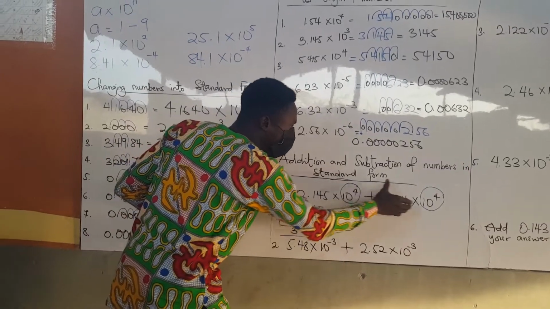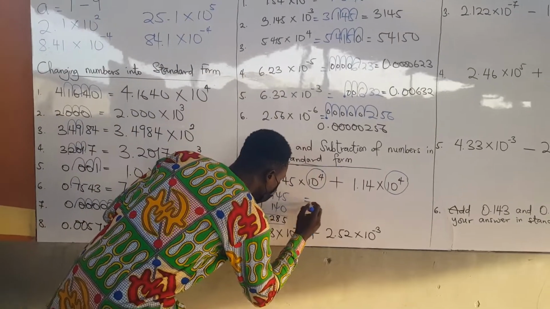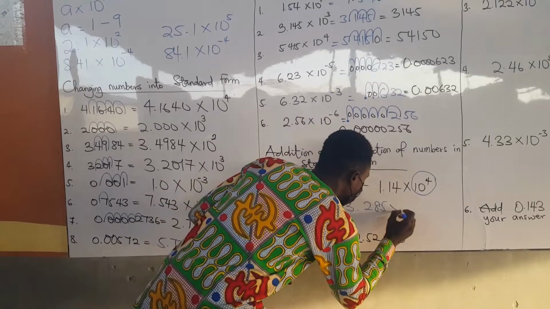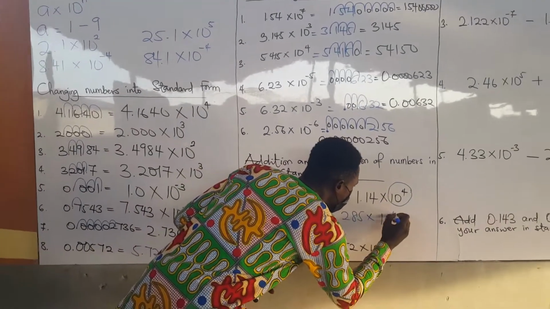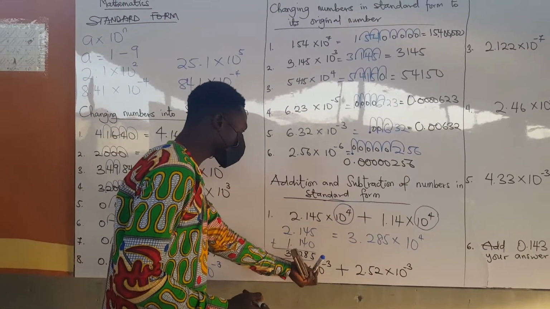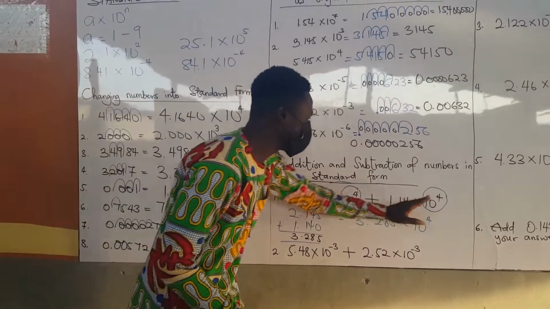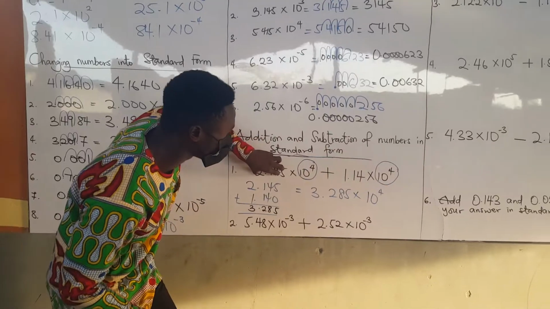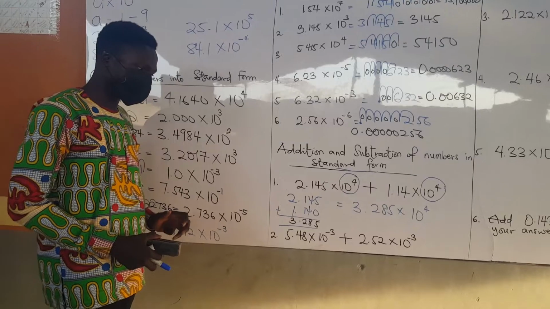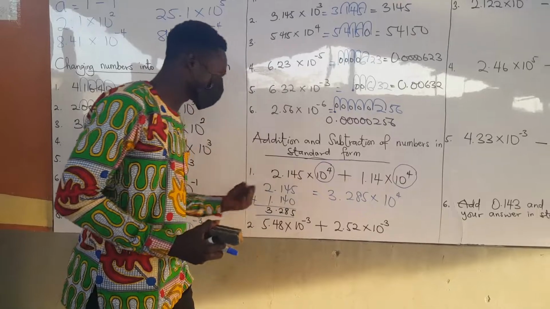Since they all have the same powers of 10, my answer is going to be 3.285 times 10 raised to the power 4. I did it this way because the powers of 10 are the same, so I'll just add the decimals. And we write it down as simple as it is on the board. So if the powers of 10 are the same, just put the decimals together.